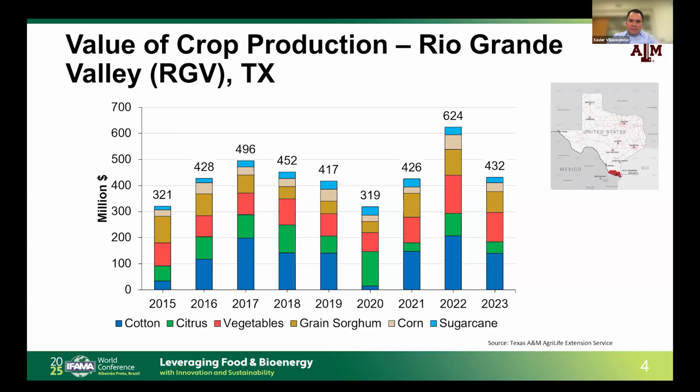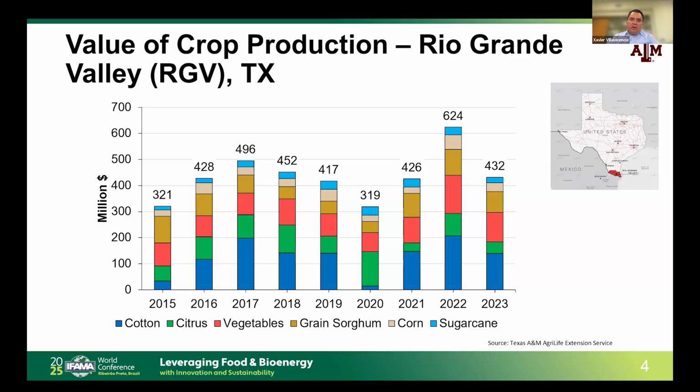This information comes from the Texas A&M AgriLife Extension Service, that has an experimental extension here in this area. And what is the main characteristic of the Rio Grande Valley? This area is also very arid. It doesn't rain too much. It rains a low quantity over the year.